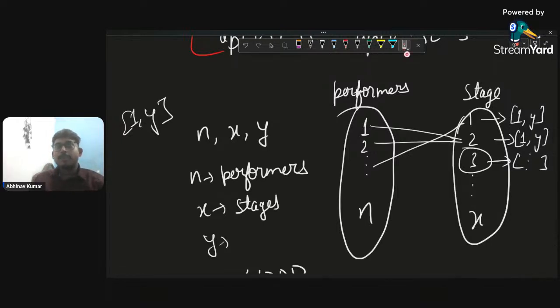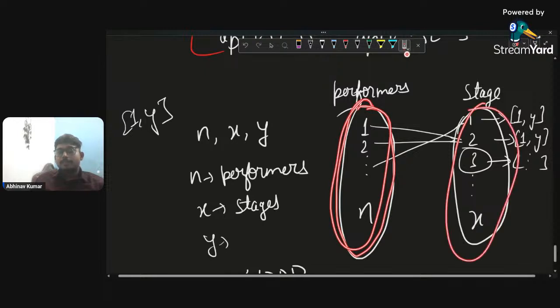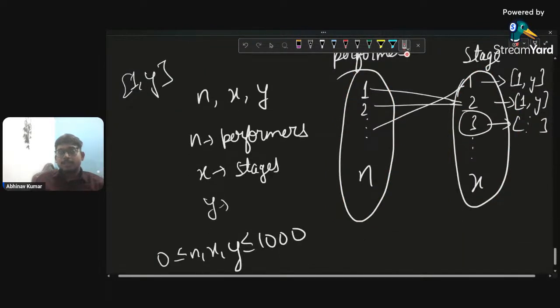Now if there are n performers, every performer has a choice. They can be assigned any stage from 1 to x. So every performer has x options. If you had to just calculate the number of ways these performers can be assigned to x stages, without the score part, what would that be? For the first performer there are x options, for the second performer there are x options, for the third performer there are x options.